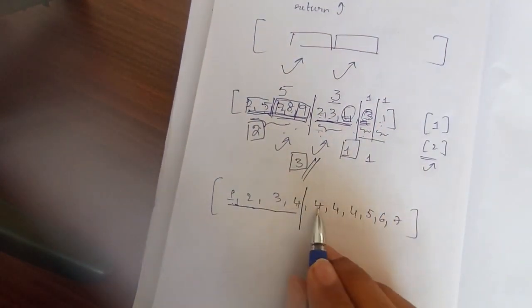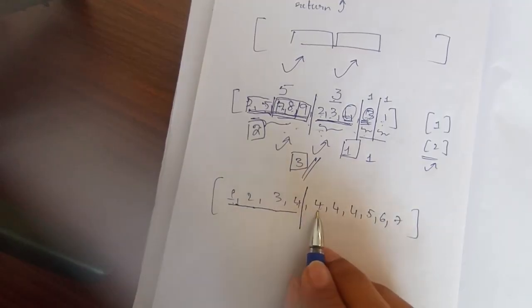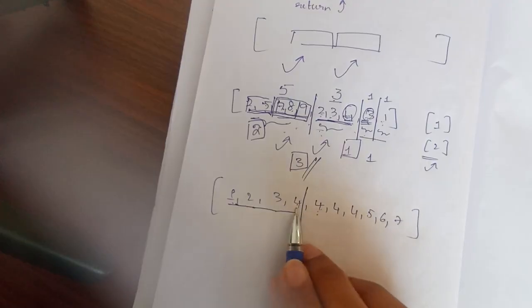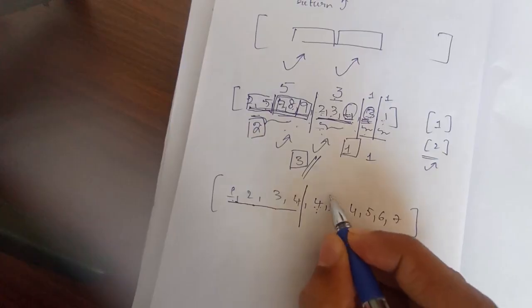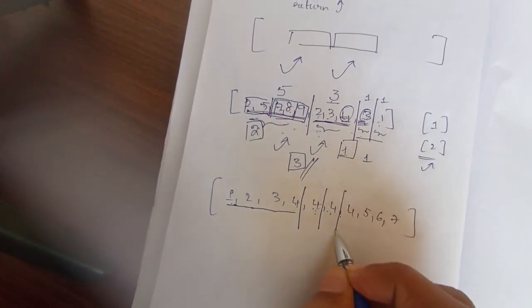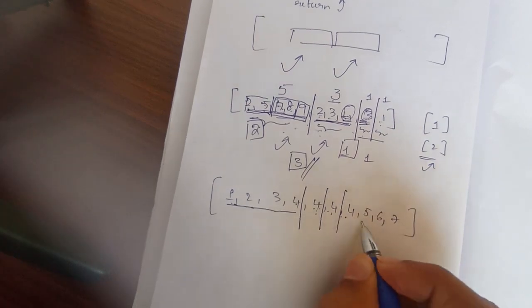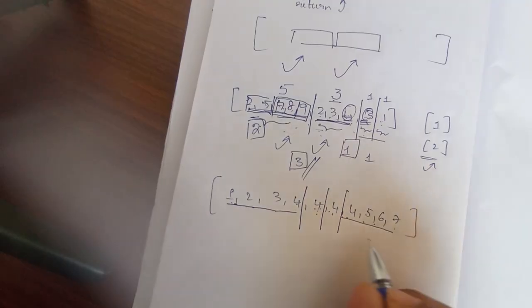So 4 and 4 are both equal, so we cannot say that they both are increasing. So break the loop. 4 and 4, they are not strictly increasing, so break the loop. And 4, then 5, then 6, and then 7, these 4 are strictly increasing.